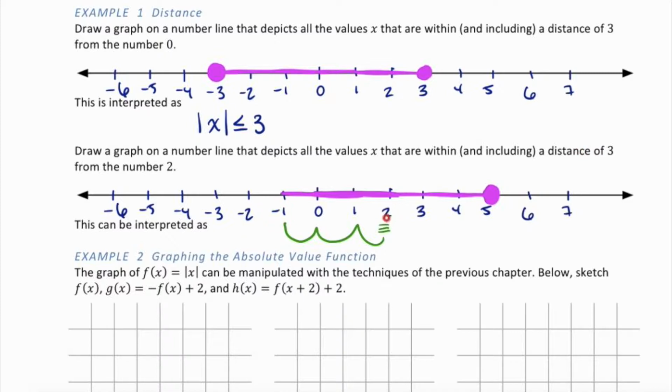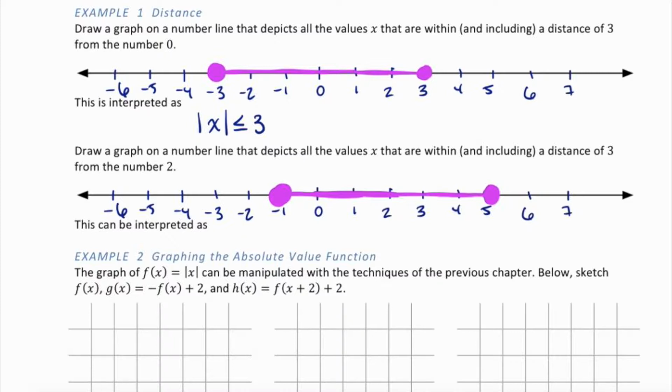Since -1 is exactly 3 units away, we're going to fill this in with a circle that is completely filled in. And there it is. There's our graph that depicts all values of x that are within and include a distance of 3 from the number 2.